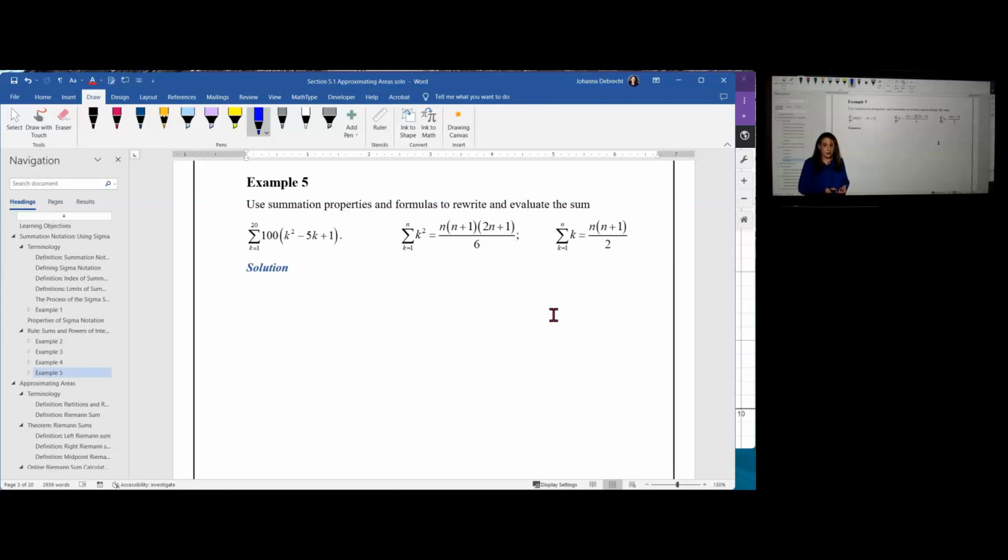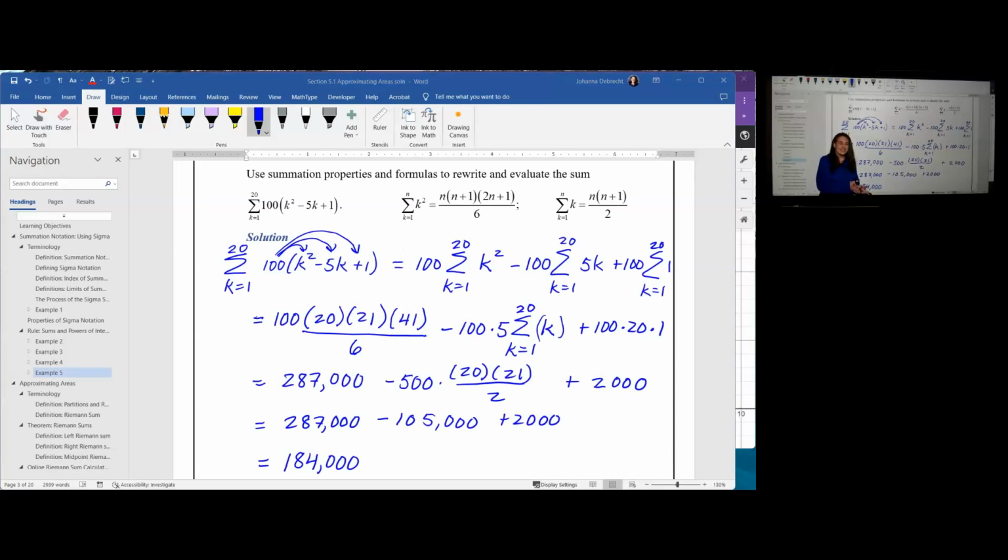But if you do so, remember, the 100 is being multiplied by all 3 terms. So it must be a constant at the beginning of all 3 sums. We do have a term that is k squared, so we'll need to apply that formula. And we have one that is just k, so we'll need that formula as well. Pause the video now to work this one out.